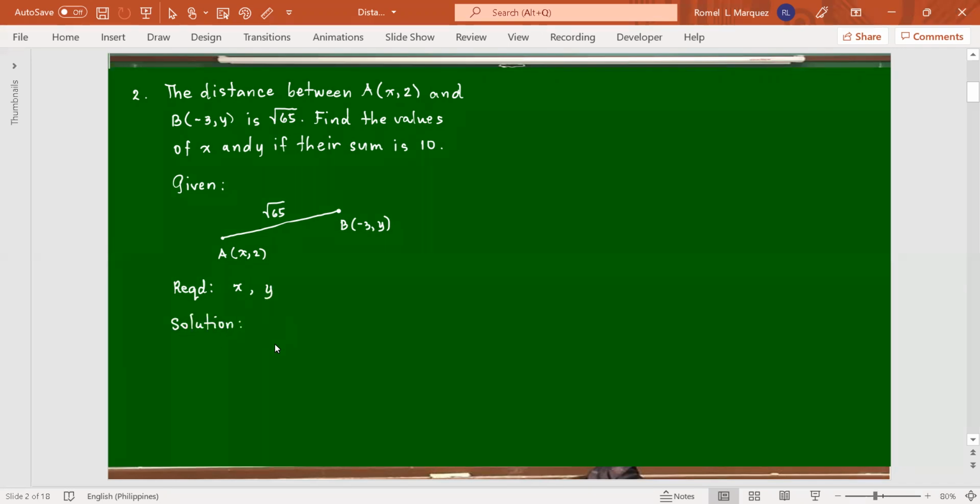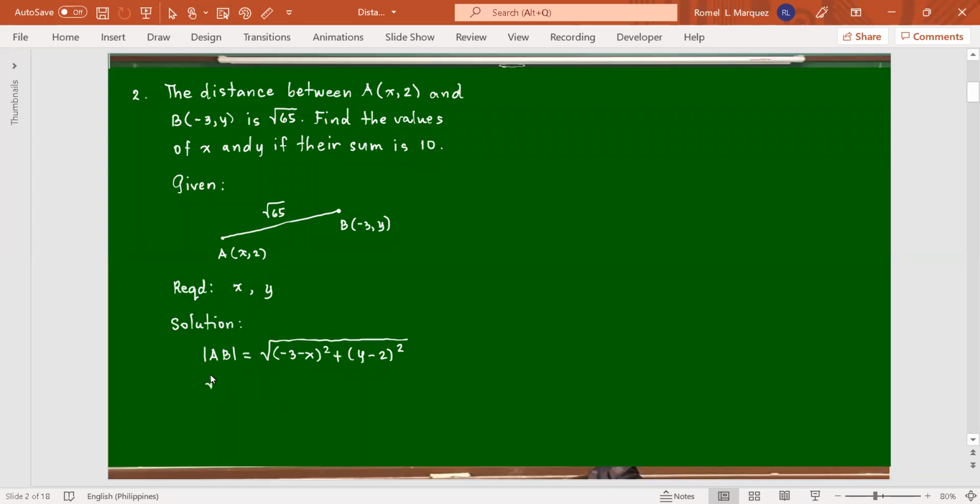Applying the distance formula, we have AB is equal to the square root of, let's substitute directly, (-3 minus x) quantity squared plus (y minus 2) quantity squared. But what is AB?